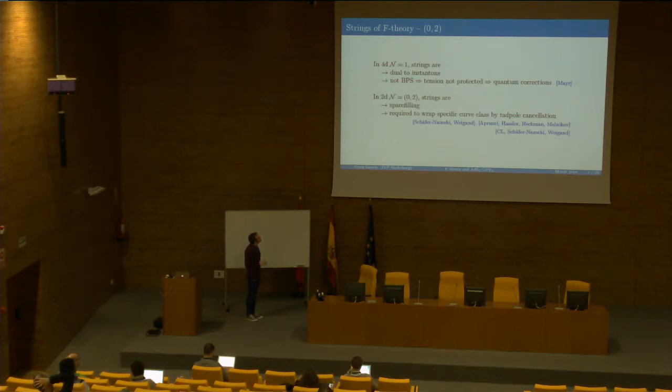Okay, and then in 2D, once again, one finds that these strings are a necessary part of the spectrum. So this is now F-theory compactification on a Calabi-Yau 5-fold, which were studied a couple of years ago in these two papers. And you find that there is a tadpole condition which requires that you wrap a certain number of D3 branes around a certain curve class.